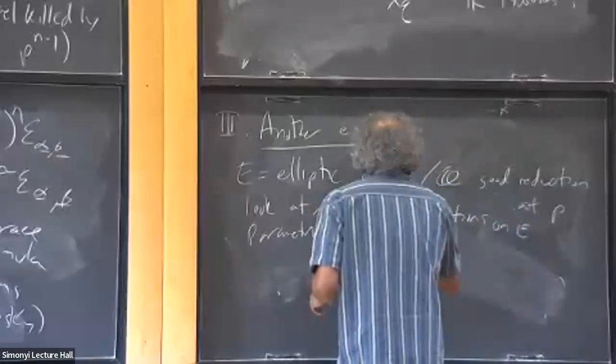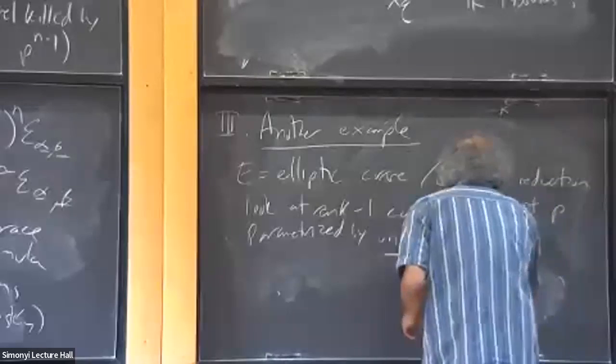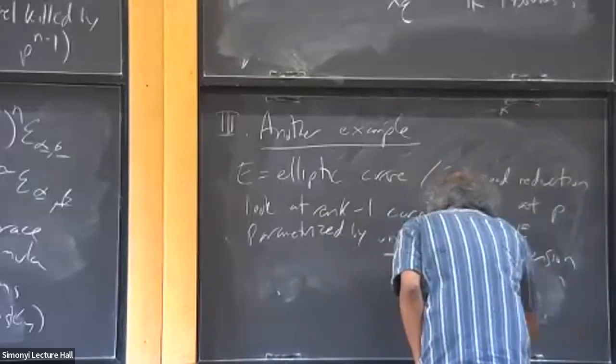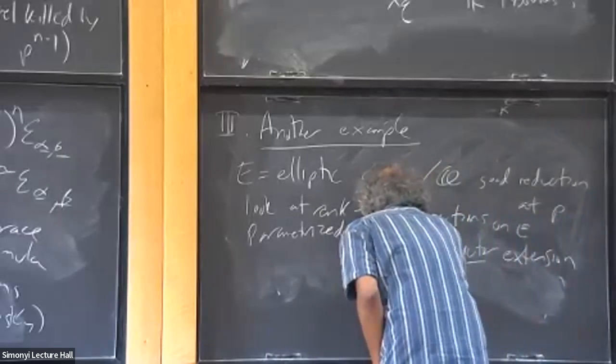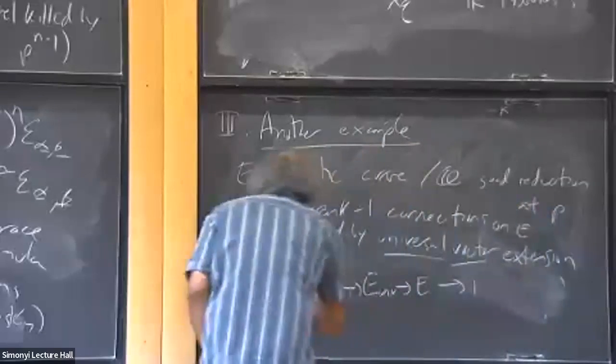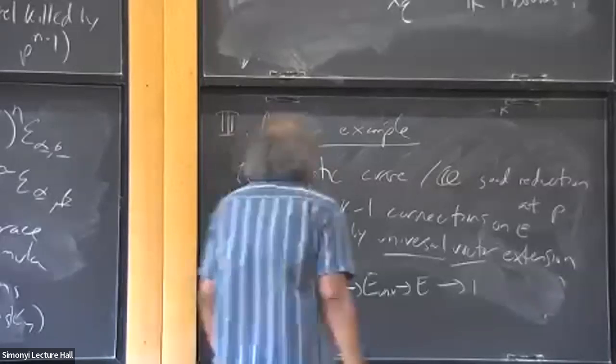These are parameterized by a gadget called the universal vector extension. It's an algebraic group that looks like this. E univ maps to E and has a fiber which is G_a, which is really some tangent space.